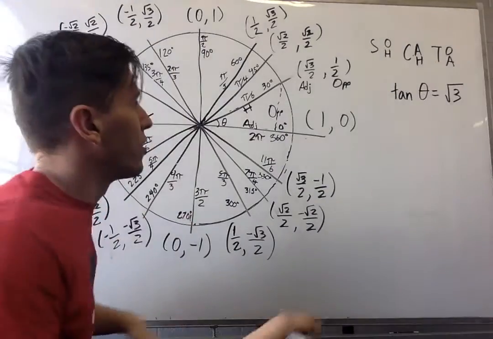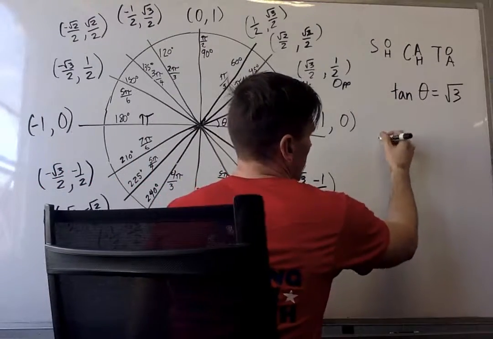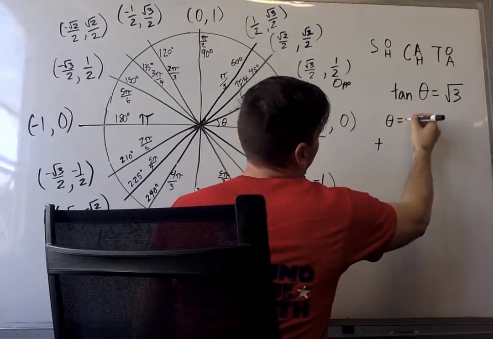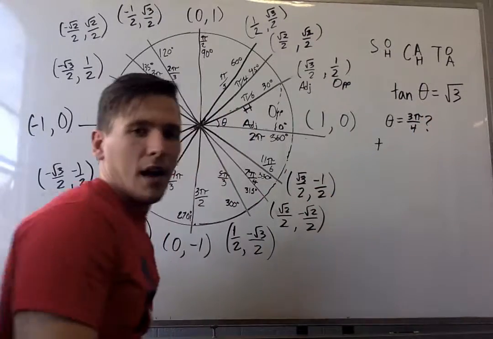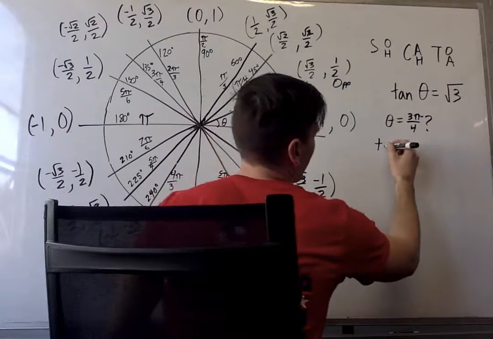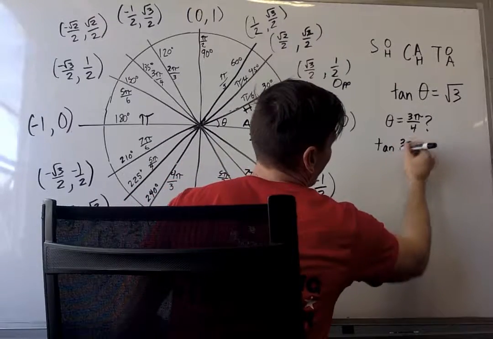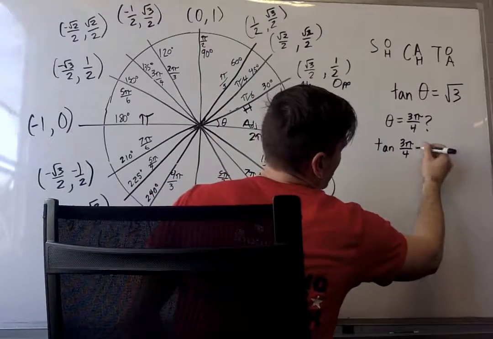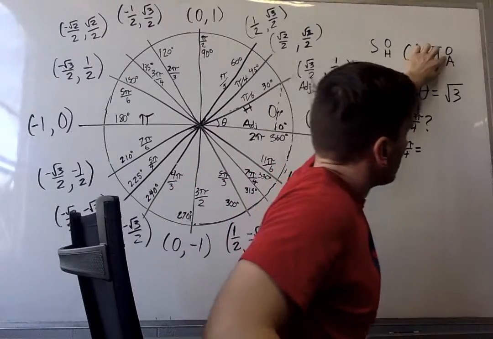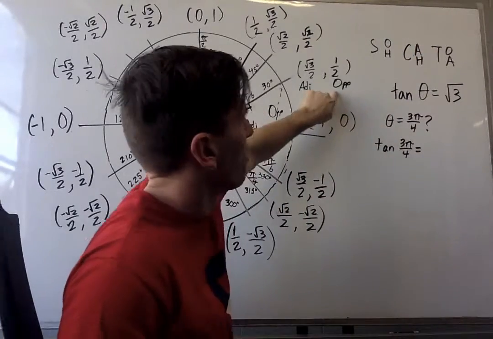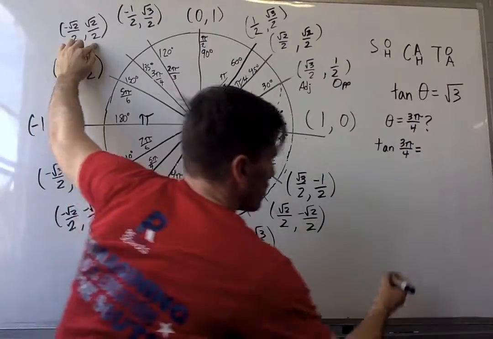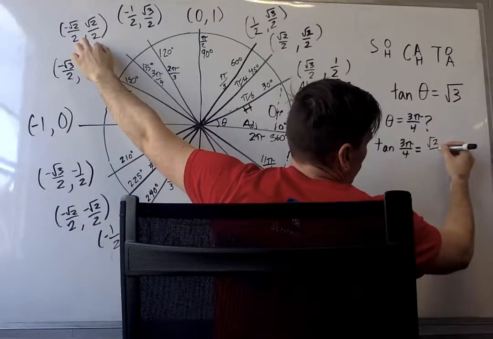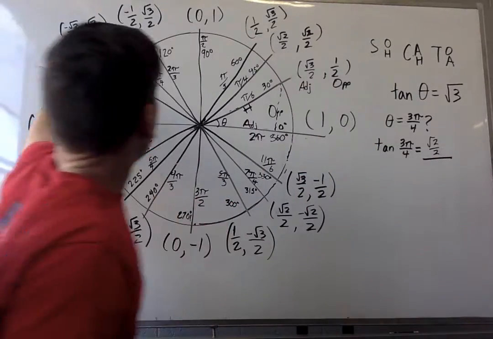Okay, just as a reminder, tangent is opposite over adjacent, so we're going to check to see if theta is equal to 3 pi over 4. We'll do that by taking the tangent of 3 pi over 4. To get that, we do the opposite over the adjacent. Opposite, remember, is the y-coordinate, so in this one the opposite would be rad 2 over 2, over the adjacent.